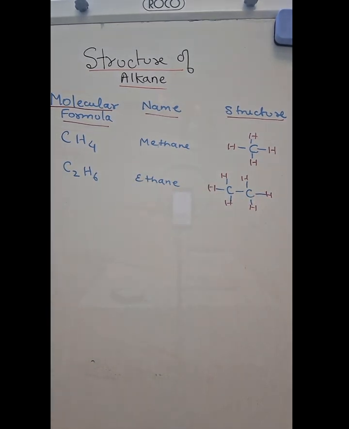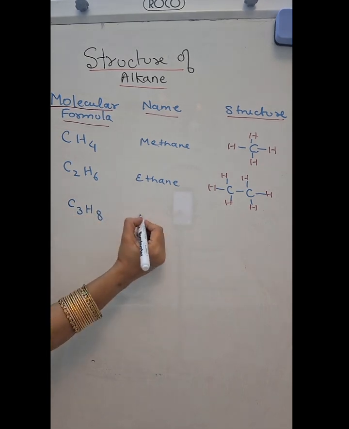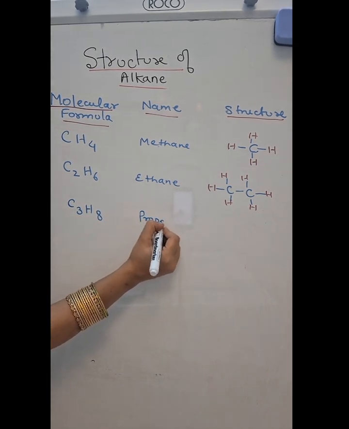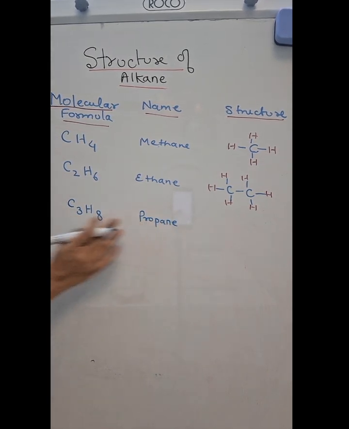Next molecular formula is C3H8. Okay. Now, if the molecular formula of alkane is C3H8, its name will be propane. Now, why propane?